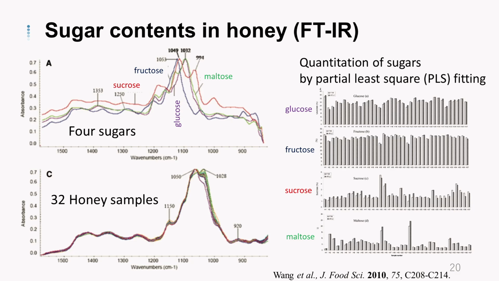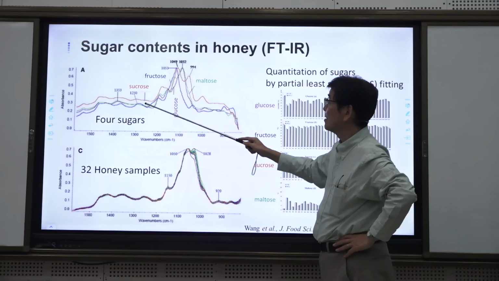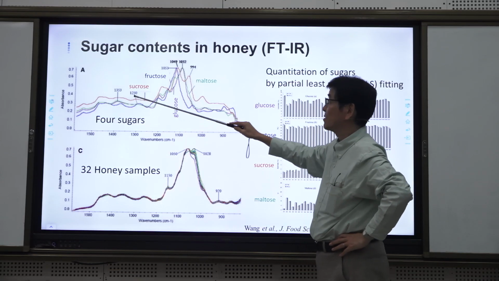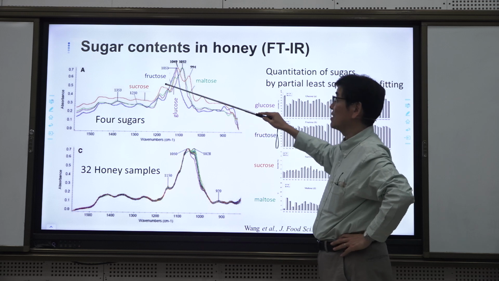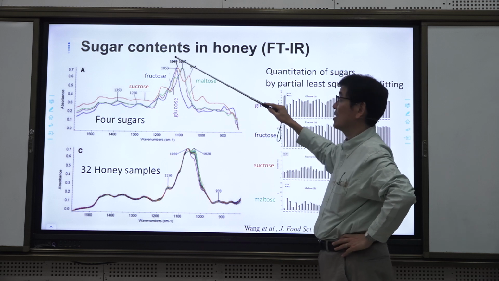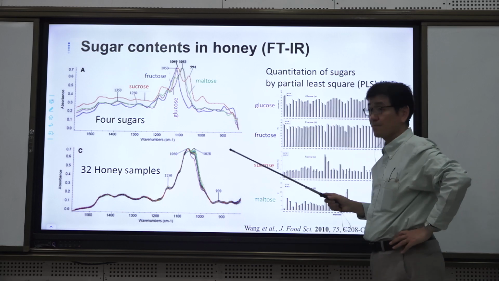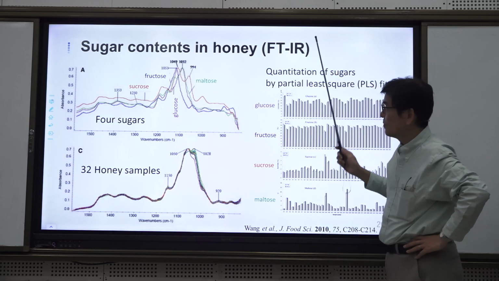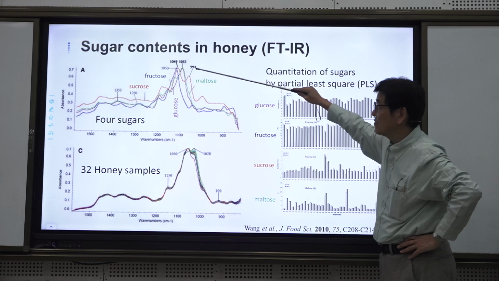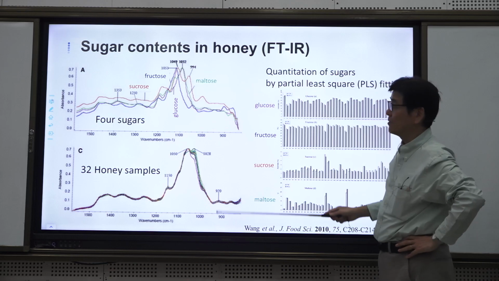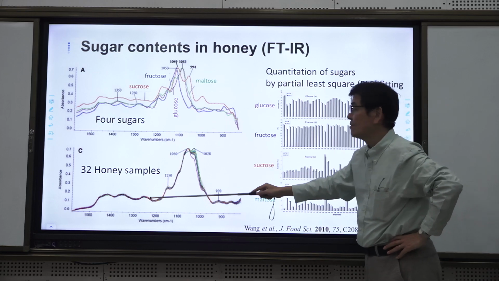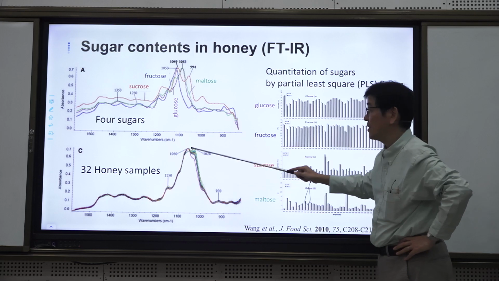So in this literature, they examined the IR spectrum, the intensity pattern of the IR spectrum, of glucose, maltose, fructose, sucrose, and used this fundamental model data to analyze the IR spectrum of honey.